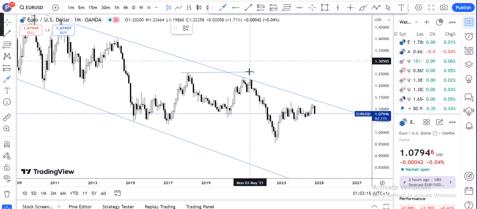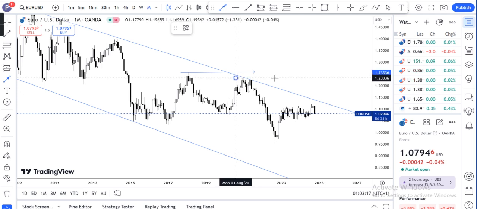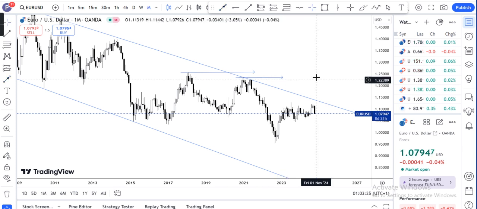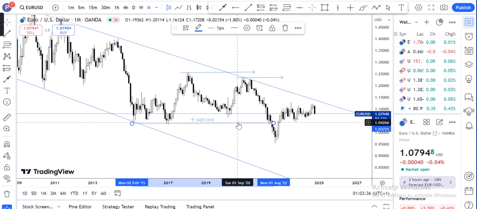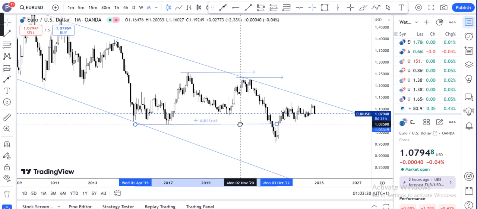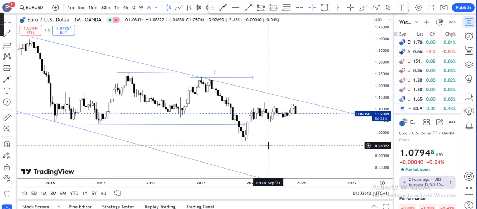This is a high, and then we have a lower high. These levels are just to help guide us. Remember, this is the monthly time frame, so it's not really much information we need, but the major thing we want to understand is that we are playing around the downtrend. That is what we have to look out for on this particular market.